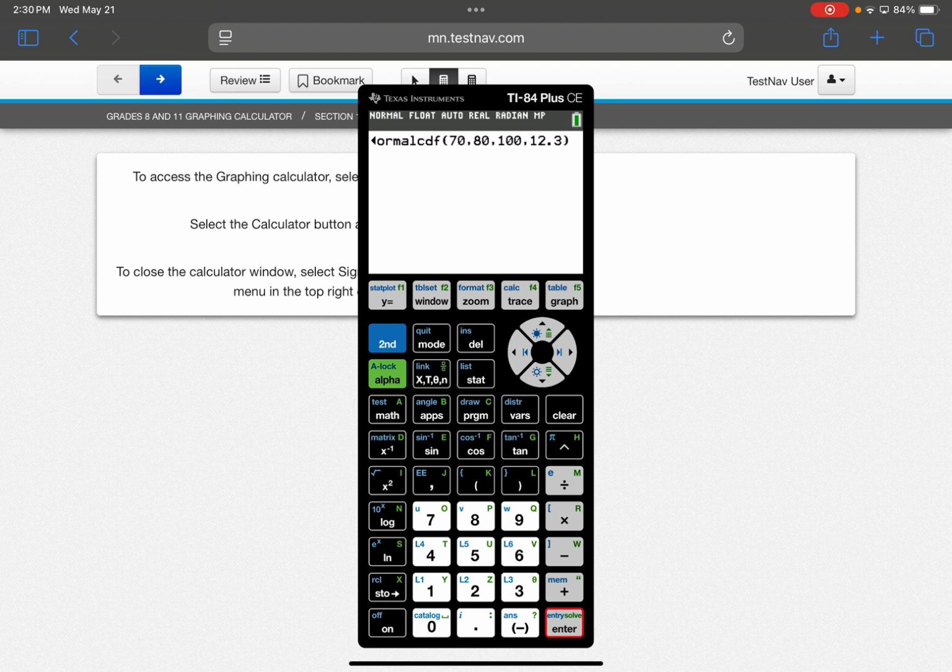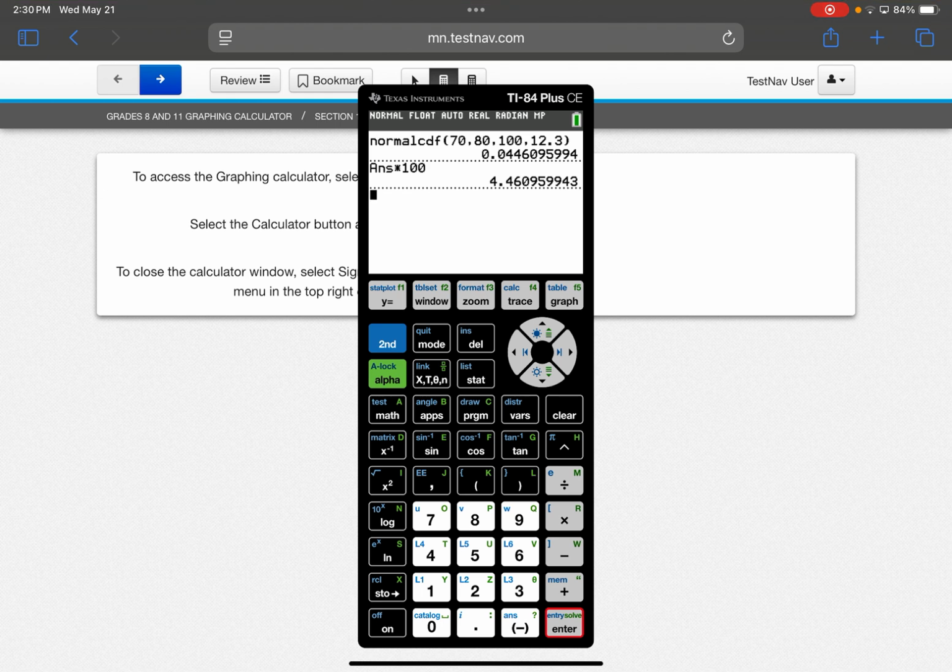Now, some of you may have calculators that when you hit normal CDF, it just looks like this on your screen. So you put the lower bound, upper bound, mean, standard deviation, and you hit enter, and that's the probability, 0.0446. The question in the notes was what was the percent? So I need to multiply that by 100 to get the percent.